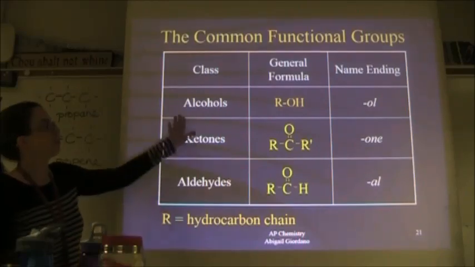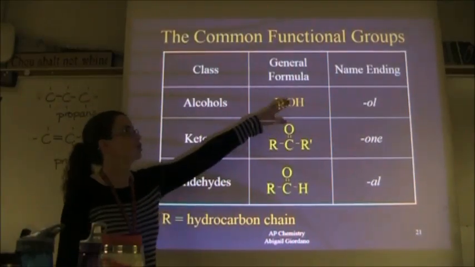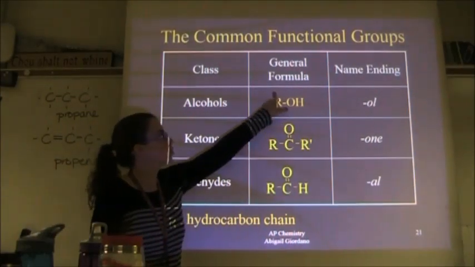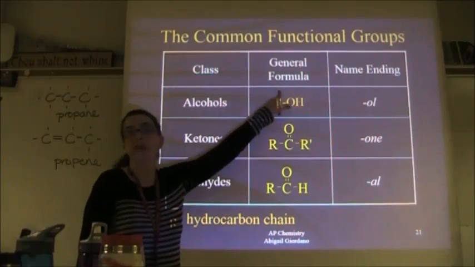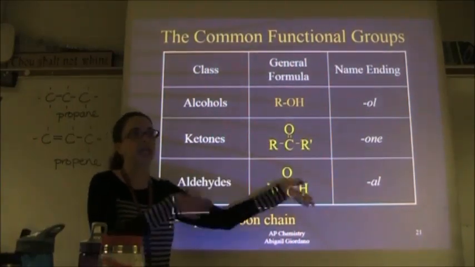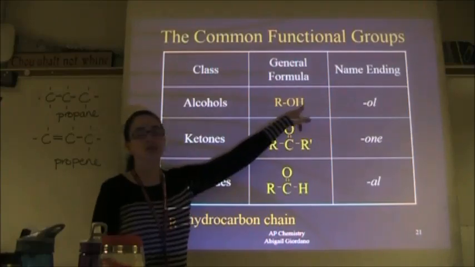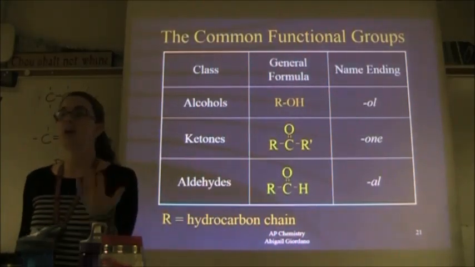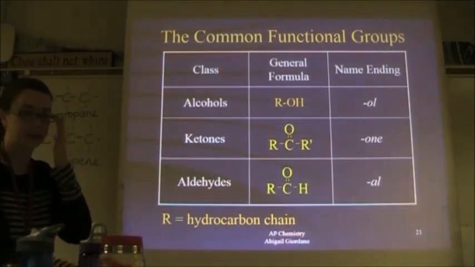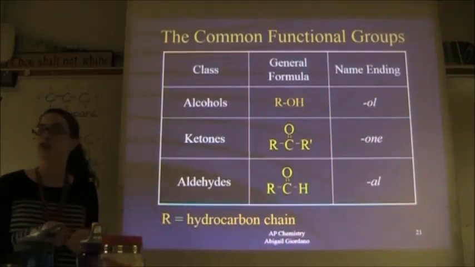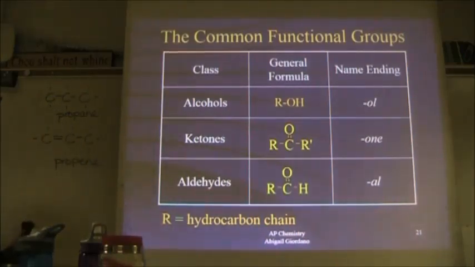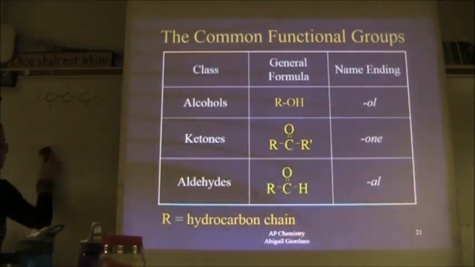Okay? So for example, this first one is showing that to your main chain, whatever that is, an alkane, an alkene, an alkyne, whatever it is, if you have an OH group attached somewhere, it doesn't have to be on the end, that has turned your molecule into an alcohol.